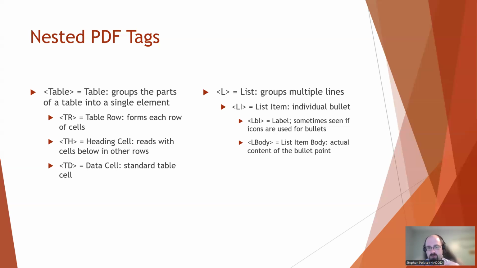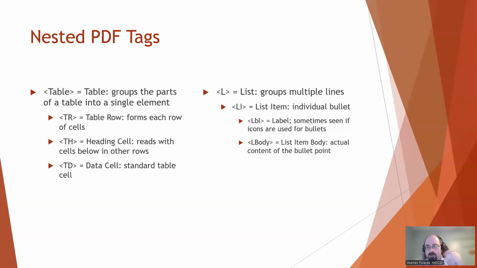In some cases, though, you might see an LBL, which is a label. If you're just using standard bullet points, this will probably not be there. But if you're using some kind of icon or an arrow or some other kind of bullet point for visual purposes, it'll appear inside this tag. And all that really does is make sure that, A, that element's tagged and not just treated as something else, and B, makes it able to be interpreted or at least skipped over by assistive technology.